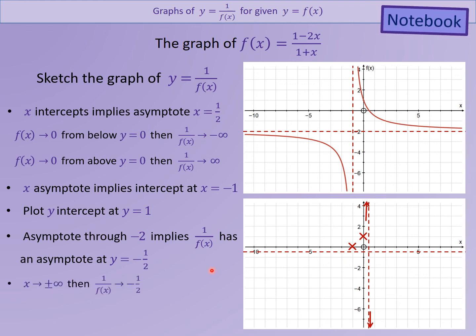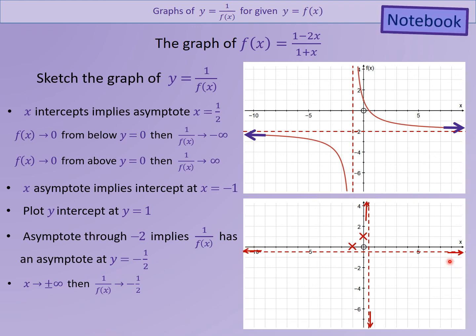Right, so what does that mean then? Then I know it's got an asymptote just there, but I need to be aware of what's happening either side of that asymptote. So just here, it's approaching negative infinity, below it. So what I'm going to do is it's going to be changing to above it. Okay, so anything there that's going down to that side will become this side here. It changes.